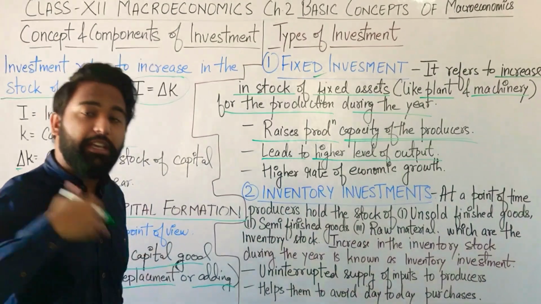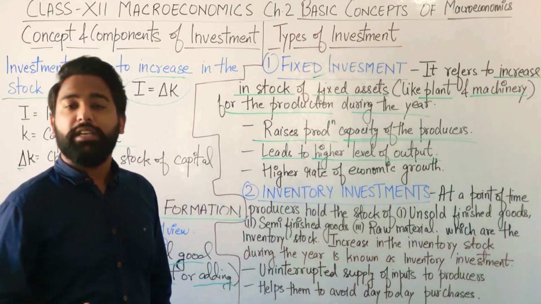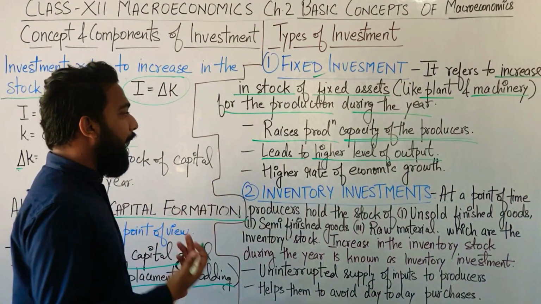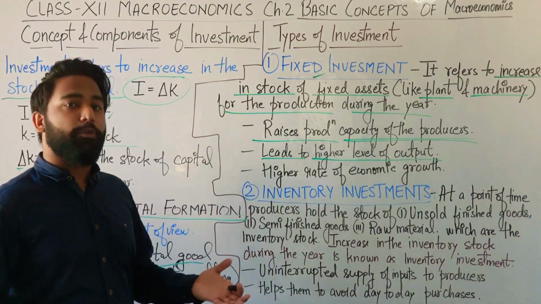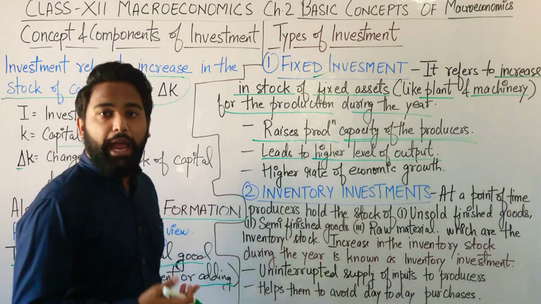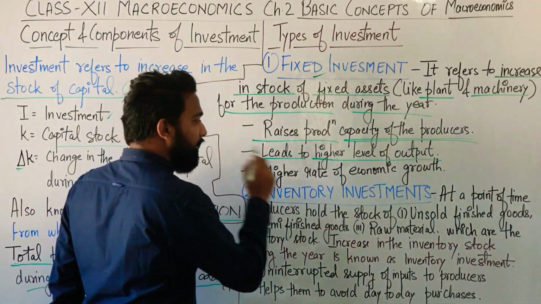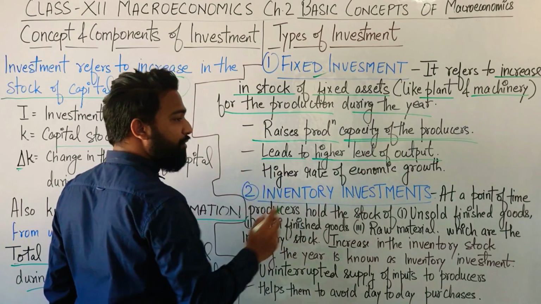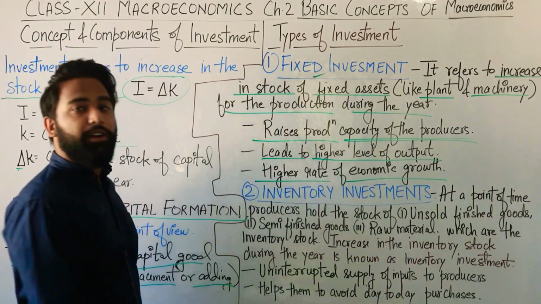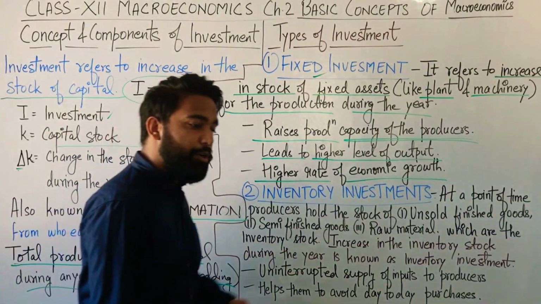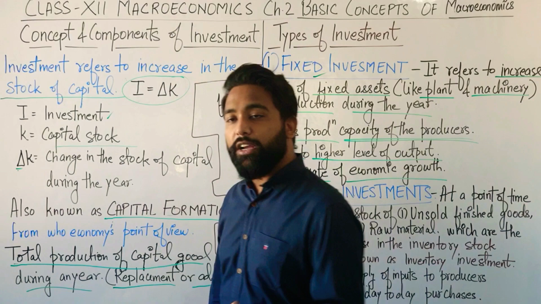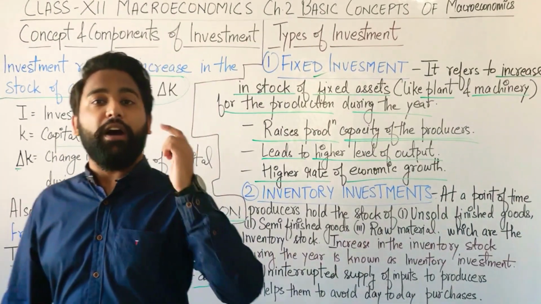And due to that higher level of output, it will ultimately lead to the higher rate of economic growth of that country. If our country is producing lots of goods, lots of production is being made in our country, then definitely our economy will grow.